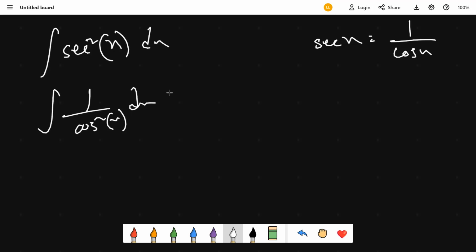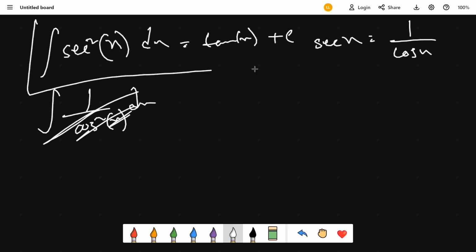So for now, just remember that the integration of sec square x is simply tan x plus c. We will learn in the future, maybe in pure mathematics 3, how this derivation actually comes. But for now, just for the sake of doing maths, you have to know this, because it's a sort of complex understanding.